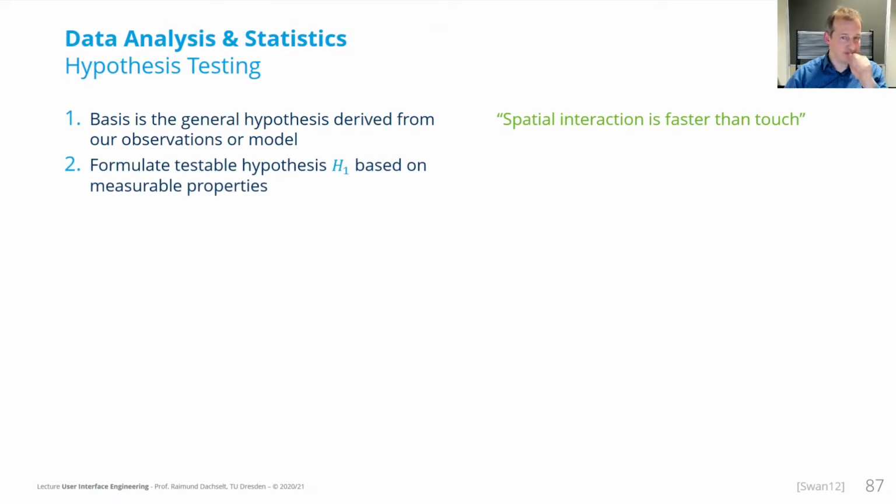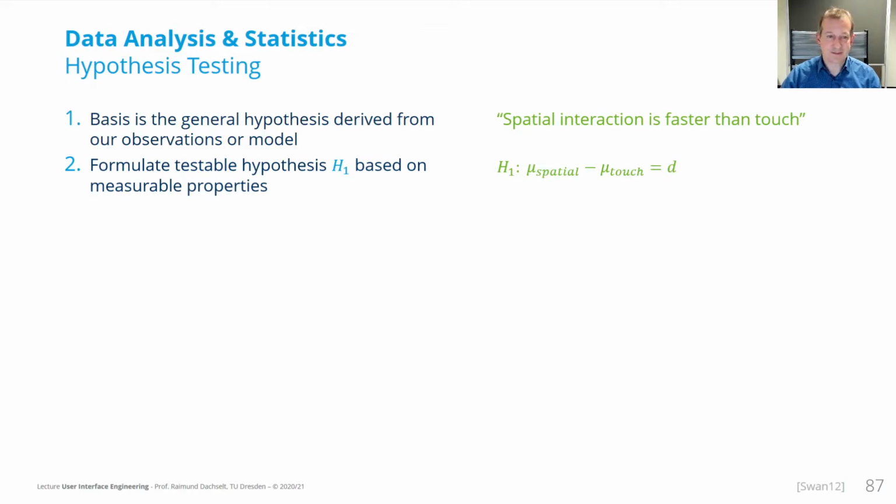And then we formulated a testable hypothesis, H1, based on measurable properties. So we, for example, say that there is a difference between the mean values of the spatial and touch conditions, and it is of some value d.